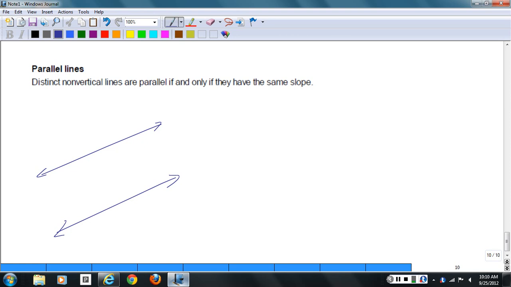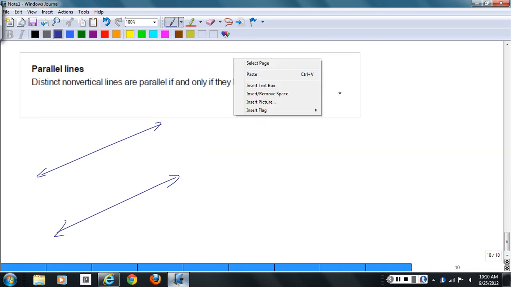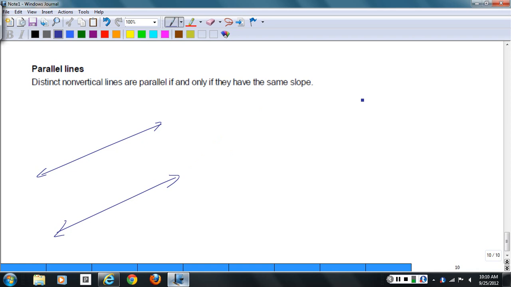If the bottom one is steeper, and maybe you're just being nice and really thinking the bottom one's steeper, you just don't want to say it. If the bottom one were truly steeper, then at some point it's going to catch up to the top line, and they would intersect and they would not be parallel. If somehow the top line were steeper, down here to the left somewhere, they would intersect and they would not be parallel. They really kind of need to be the same amount of steepness in order to be parallel.